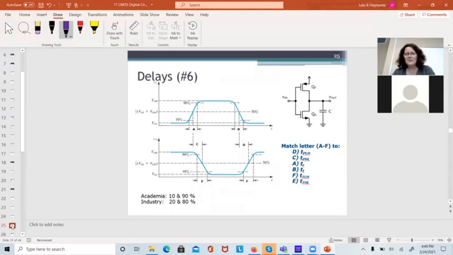Okay, so we want to be able to quantify these delays and measure them. And I actually wrote them down, and I probably did this today, which ones are which, because I will slur my letters and sometimes say things wrong. Coming up here, this is the input.